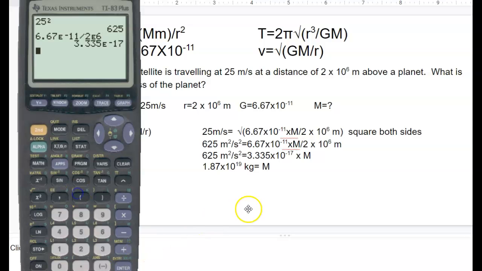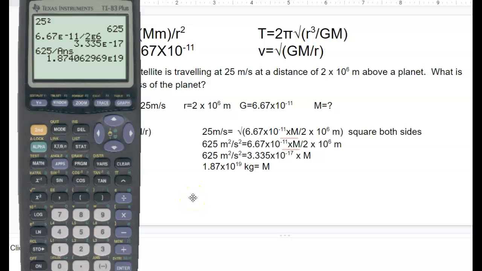And over there I should get, like it says here, 3.335 times 10 to the negative 17th. So now I'm going to divide 625 by 3.335. And I get 1.87 times 10 to the 19th kilograms.